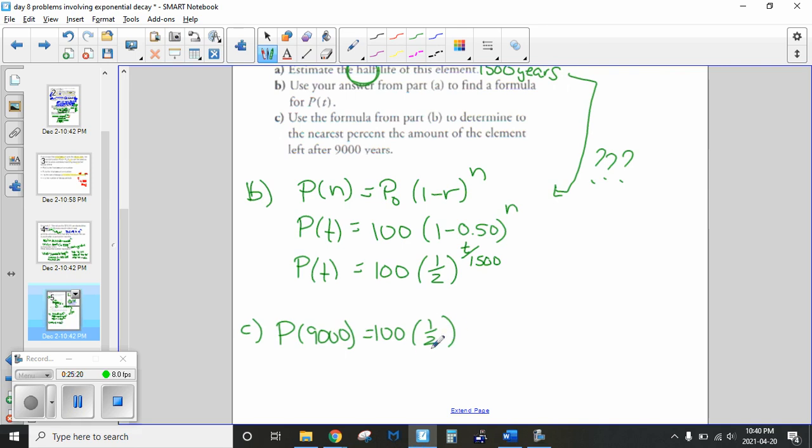If you don't like the fraction 1/2, you can keep it as a decimal 0.5. You can even go back and forth between them, depending on what your preference is. If you're about to punch it in a calculator, the decimal might be better. But 9,000 divided by 1,500 is my exponent. So that's the first thing I'm going to simplify.